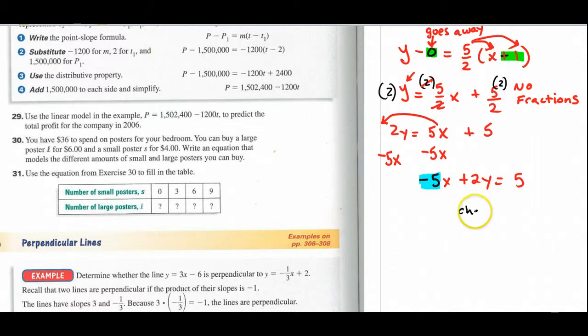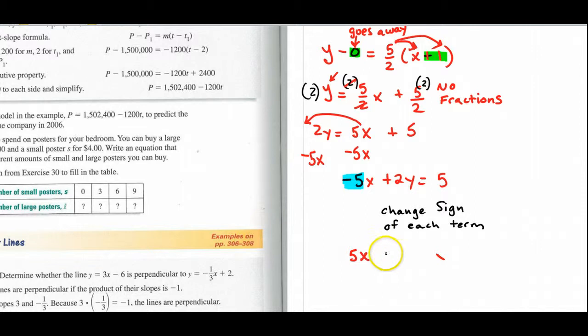So I change the sign of each term, and my final answer is 5x plus -2y equals -5. So that's the answer to this problem in standard form.